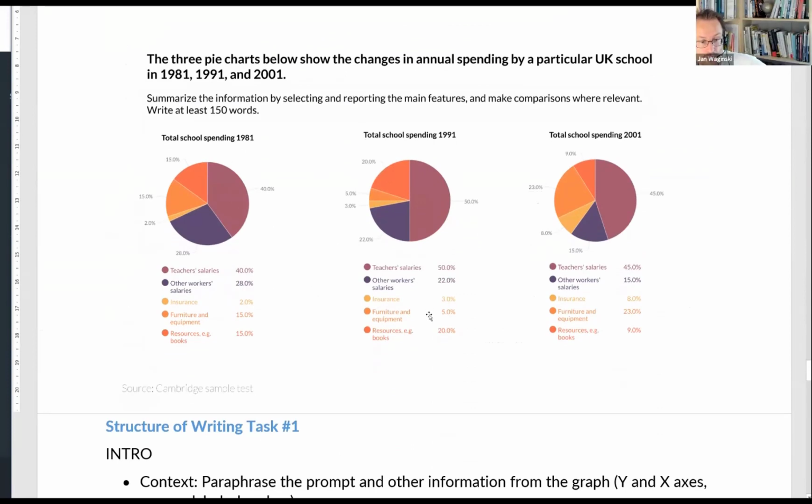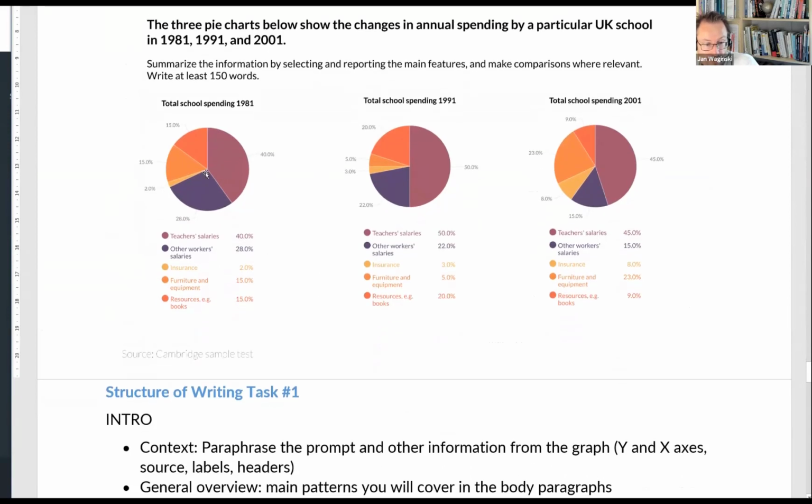In the model below that we're going to see, the author focuses on, in the general overview, the contrast between salaries comprising the largest percentage of the budget, and then insurance representing the smallest percentage of the budget, but the largest percentage increase.